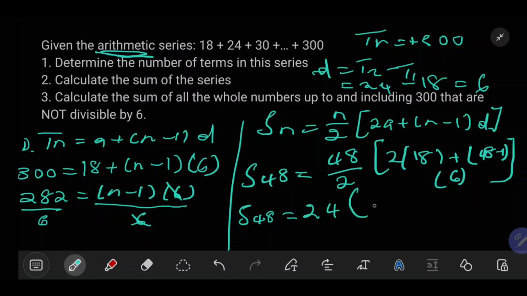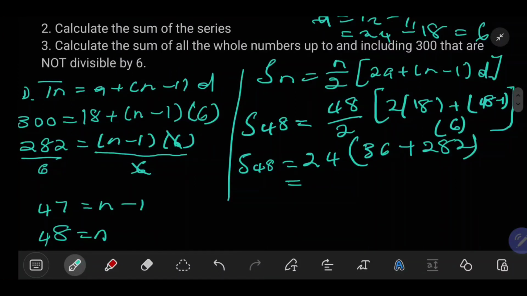Then in the brackets we are having, when we multiply the 2, we are having 36, and then plus 282. And then when we multiply everything out, we are going to have 7,632. So this is the sum of these 48 terms.